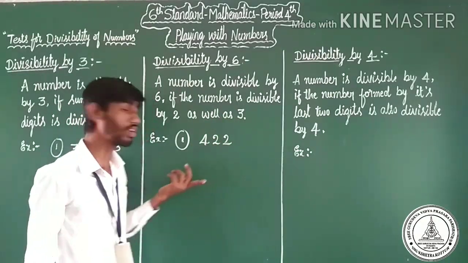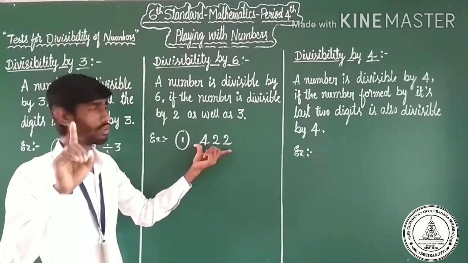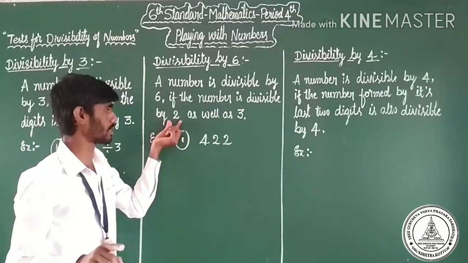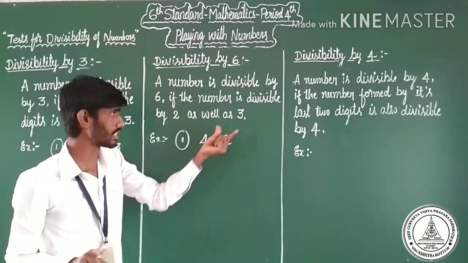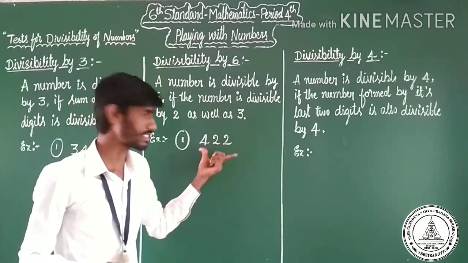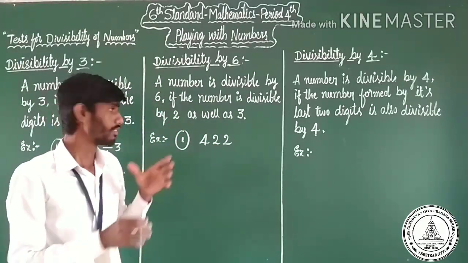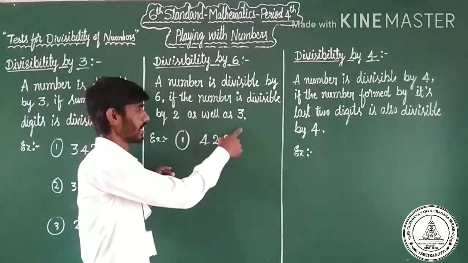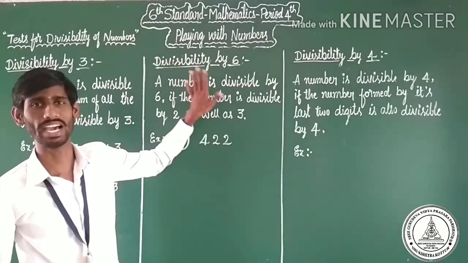Let us check. How do we check? Dear Choto, there are two important steps. The first step is, does it pass the divisibility by 2, and the second step is, does the given number pass the divisibility by 3. If it passes 2 and 3, then you may decide the given number is divisible by 6.